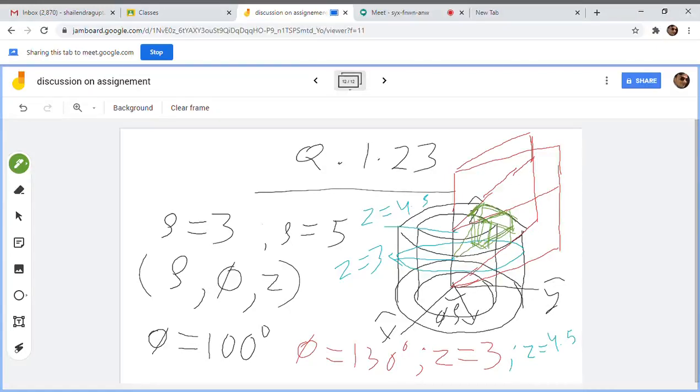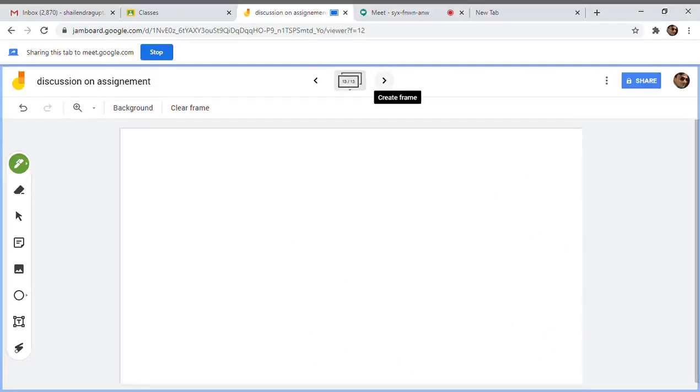Okay, so this is the volume section. I will draw this again, because it was a little bit hodgepodge. We have to take z equal to 3 and z equal to 5.